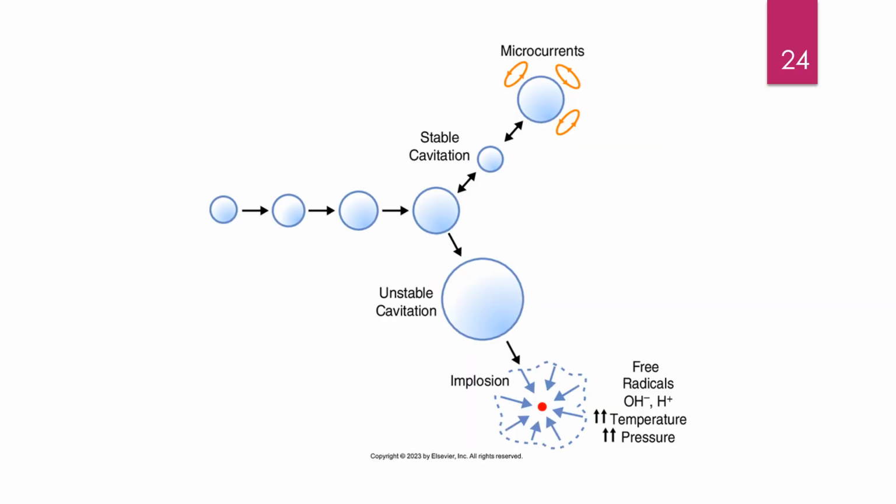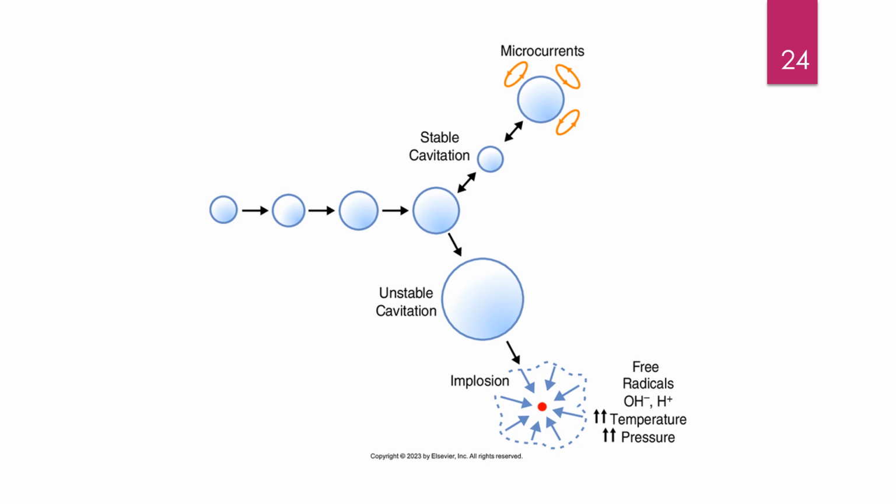So let's look at what that really looks like on a cellular level, at least so you can just visualize it. You can see that we have stable cavitation right in the center here. Those are those small gas-filled bubbles in the tissues that oscillate, so they're growing and shrinking, but they are not collapsing.